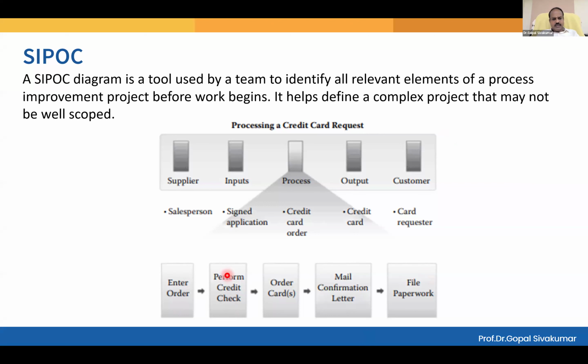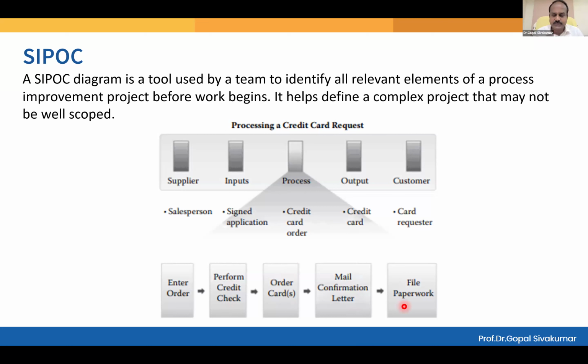After the credit check is satisfactory, a credit card will be ordered. Then an email confirmation will be sent to you saying that your application is approved and the card will be dispatched within 10 days. And then the documents, the paperwork, will be filed.